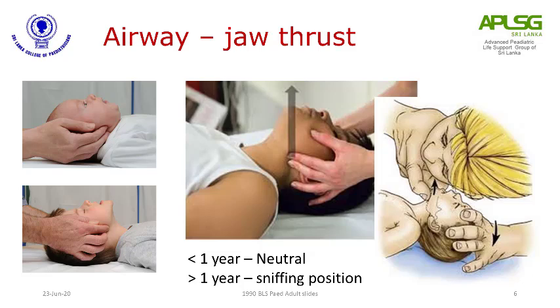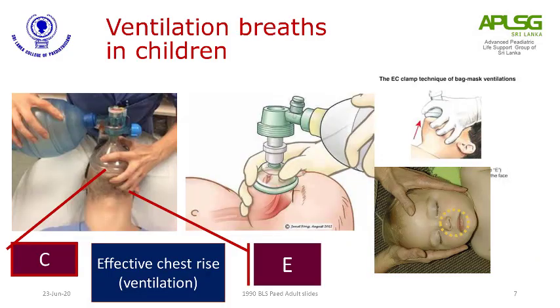It is important to maintain either neutral position under one year, sniffing position above one year, while performing this maneuver without tilt in the head. The jaw thrust is specially indicated in trauma patients where the head tilt and chin lift is contraindicated. Again, look, listen, and feel for breath.